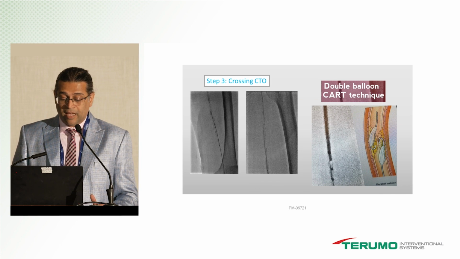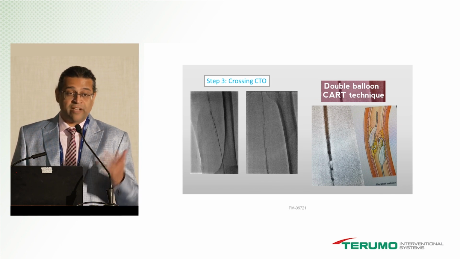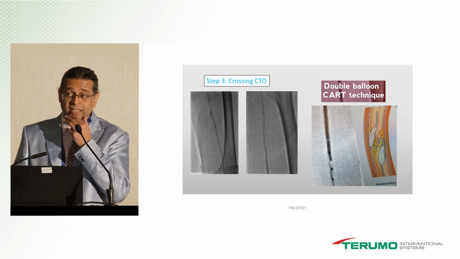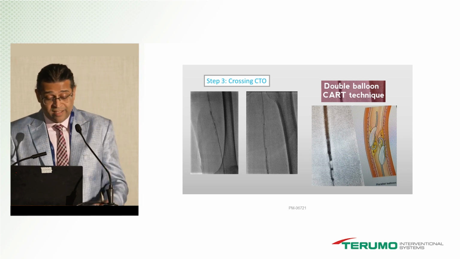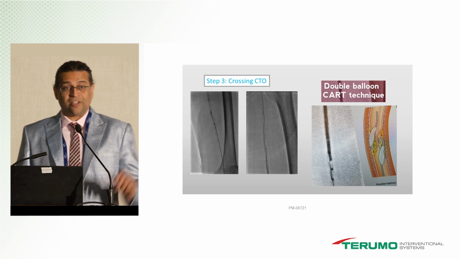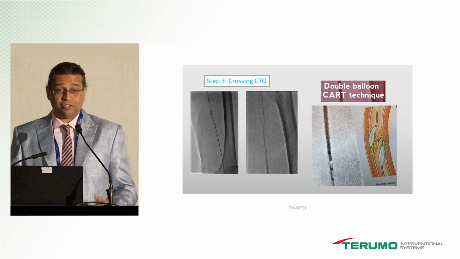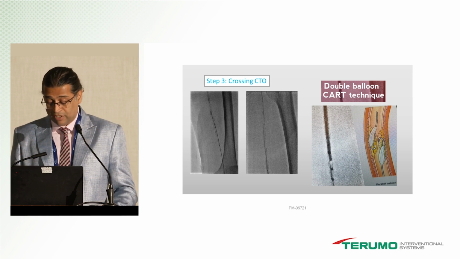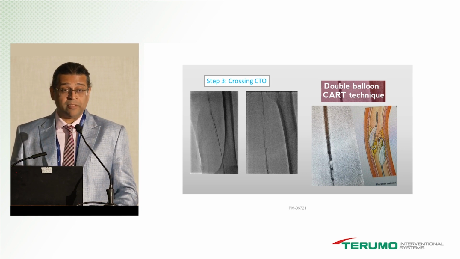And then next, I decided to cross the CTO. I had 2 Navicross catheters. Navicross are really good catheters from Terumo, which come in 90, 135, 150. They're supposed to be crossing catheters. They work as good crossing catheters. They've got good tapered tips. So I got a Navicross from the top, from the bottom, and tried to cross. I was subintimal.